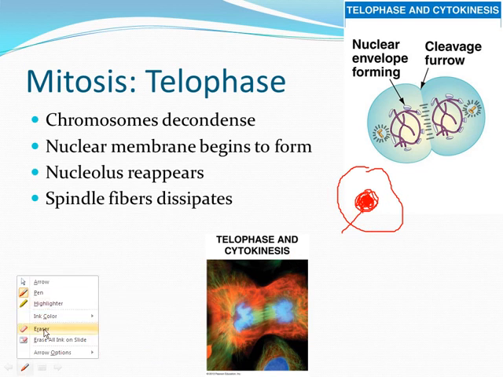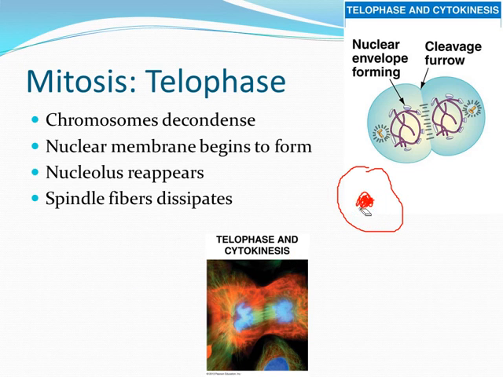As we go into prophase, the nuclear membrane will start to dissipate. The chromatin will become chromosomes now. And then we also have the spindle fibers, which I'm not going to draw in, forming to eventually attach to them.